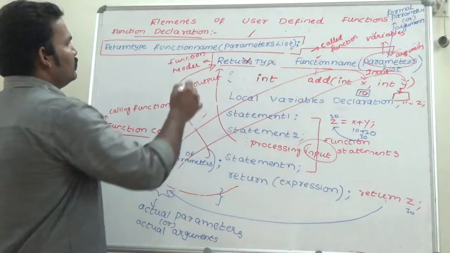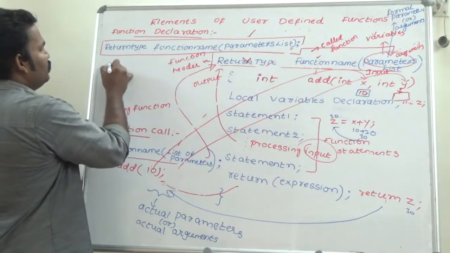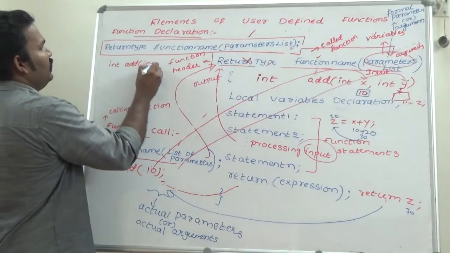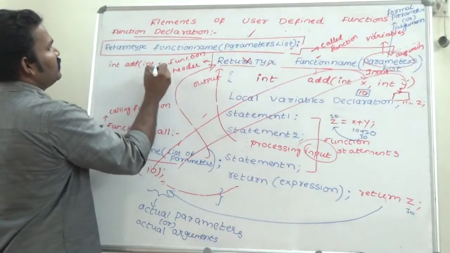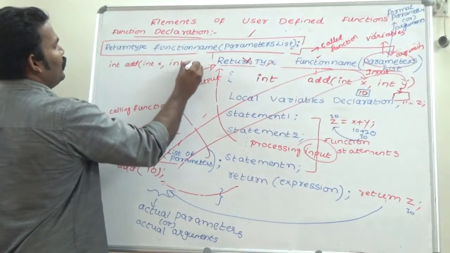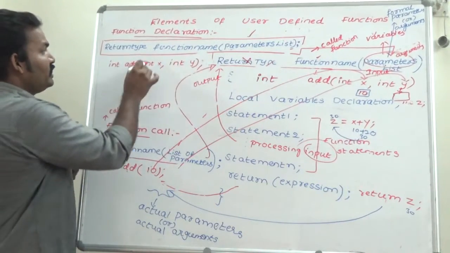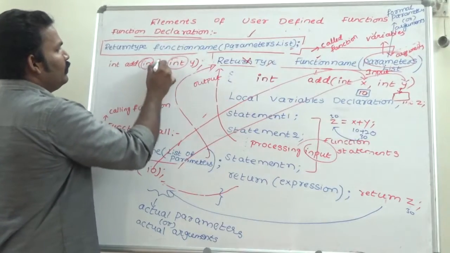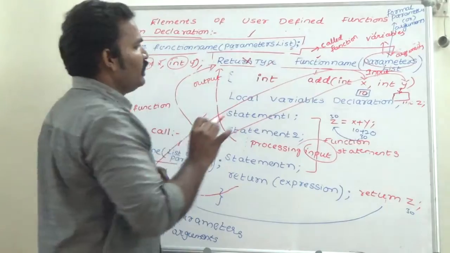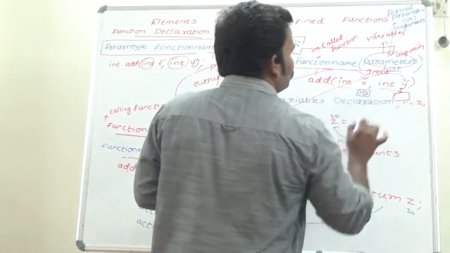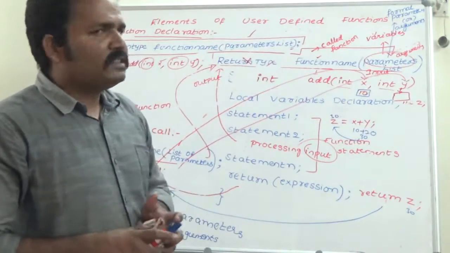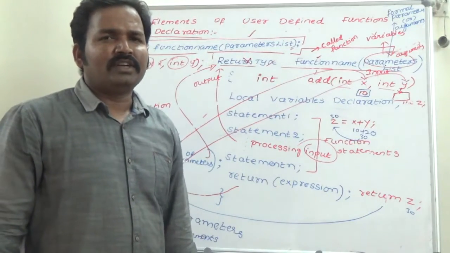Next step, we have to declare the function also: int add(int x, int y). Here my point is the type of parameters in function declaration and function definition should match. So clear.